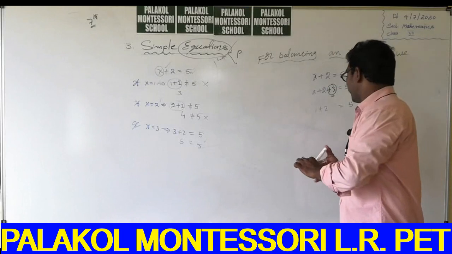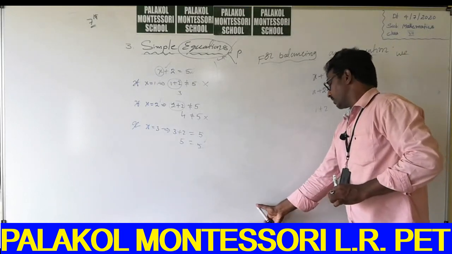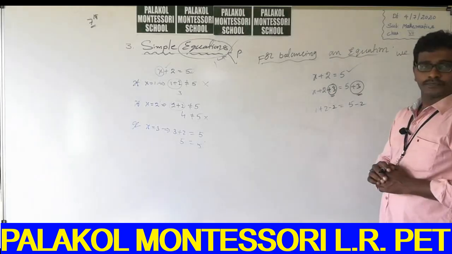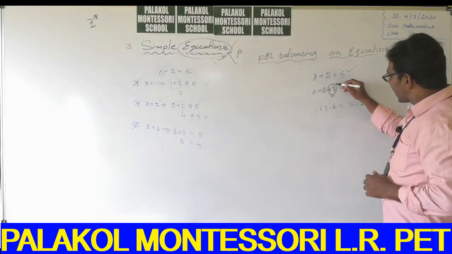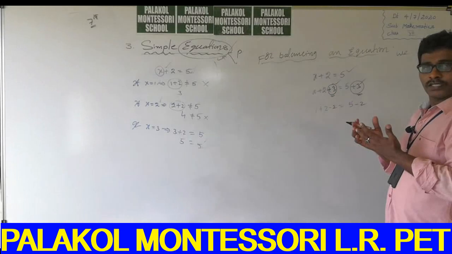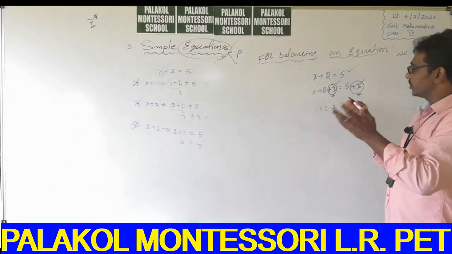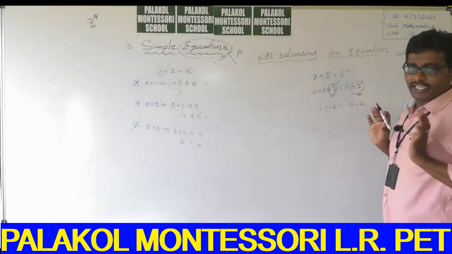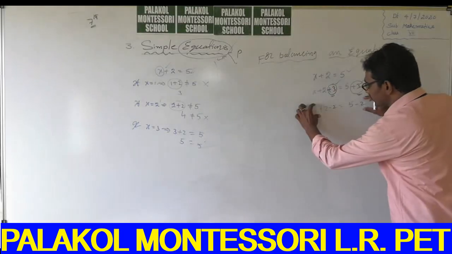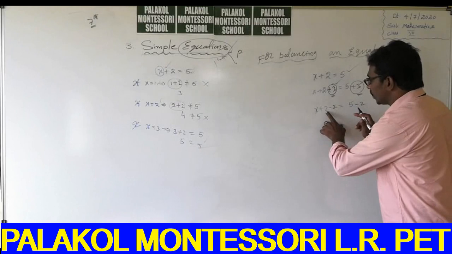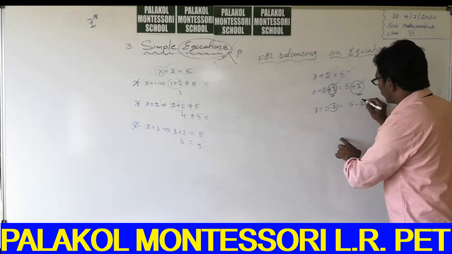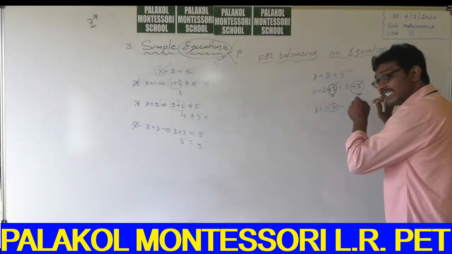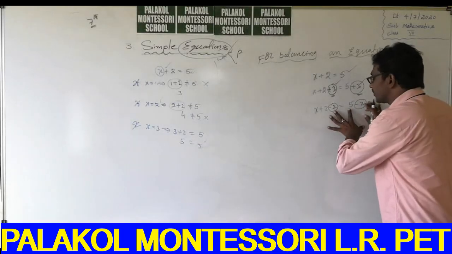Again I take the same equation, x plus 2, and subtract one number on both sides: minus 2, minus 2. In the first case we added the same number on both sides and the equation was not disturbed. In the second step, we write minus 2 on both sides, and this is also undisturbed.